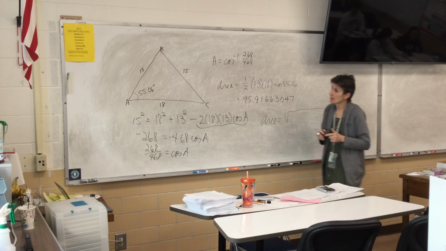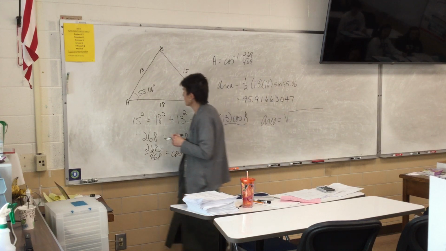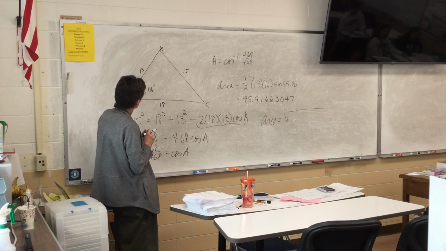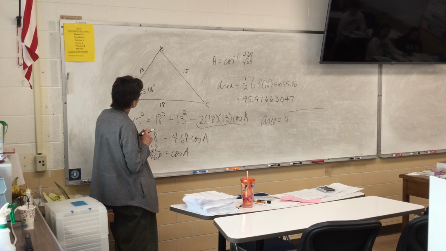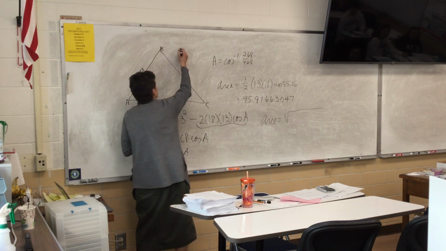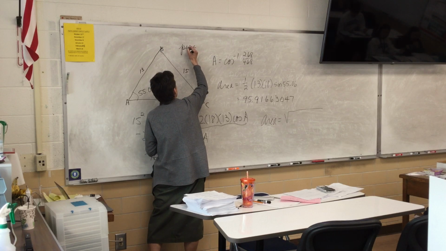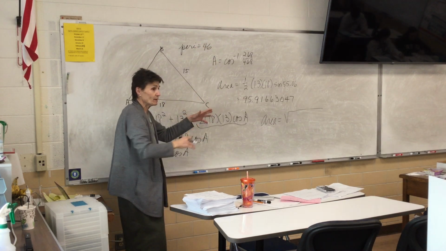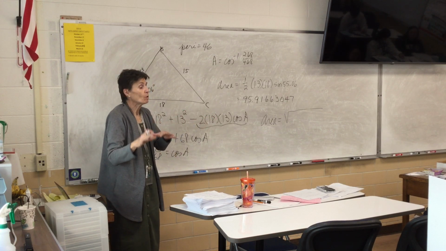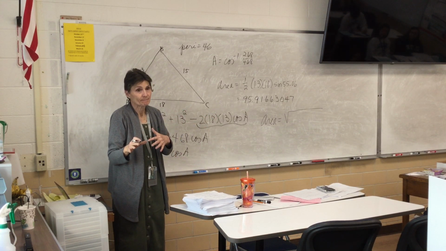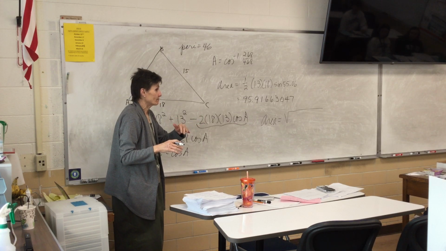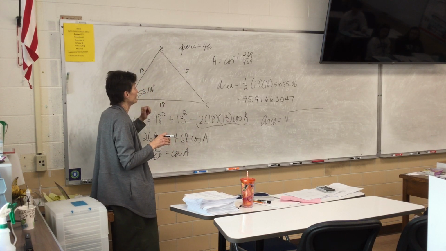Here's how it works. What is the perimeter of this triangle? 46. So the perimeter is 46. Once again, guys, this strategy only works if you have all three sides. Otherwise, we're going to do 1/2 side, sine, which we can do here too if we want.